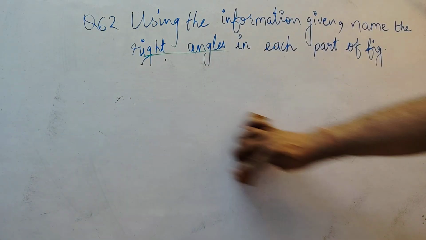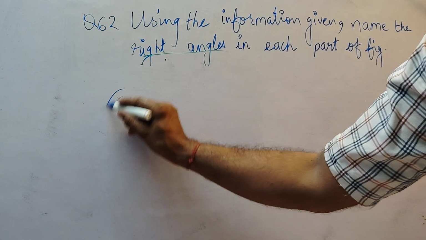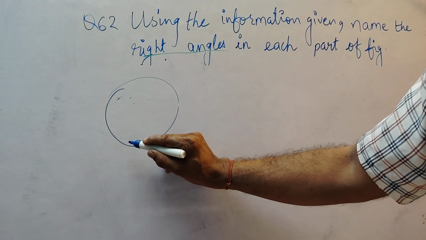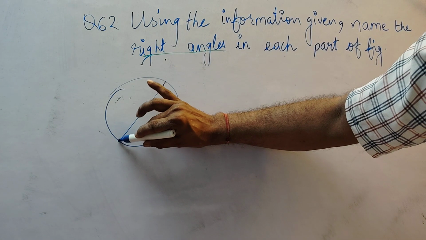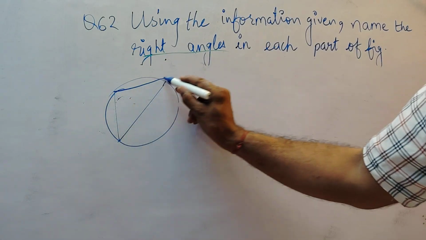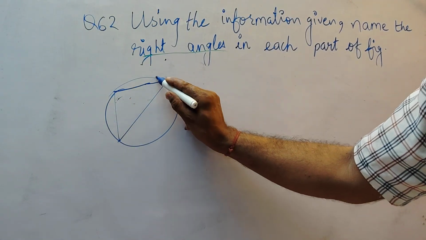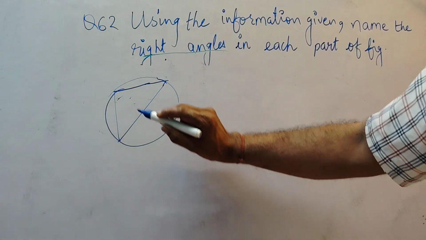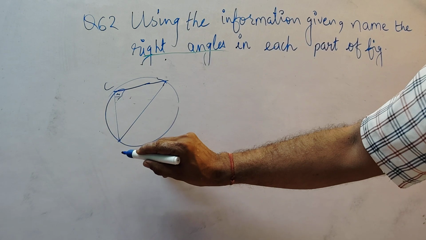Next one, try yourself. G part. In the circle, there is a diameter given, and on the other side there is a triangle. And here at C, this is the 90.